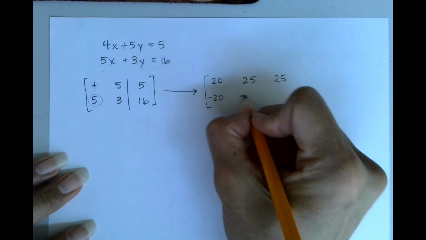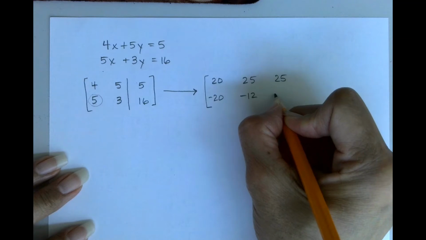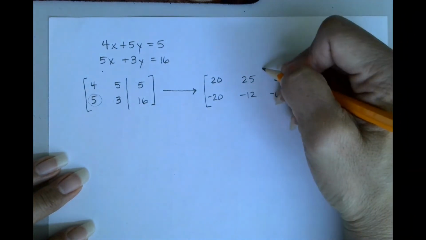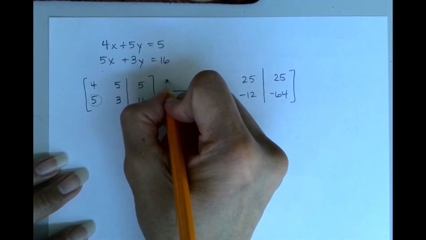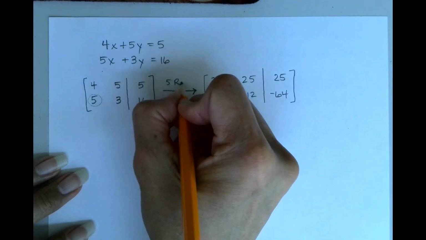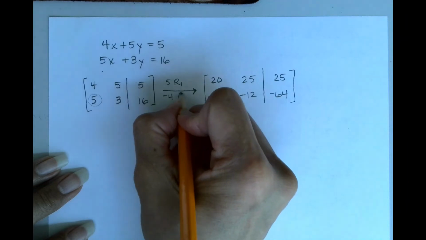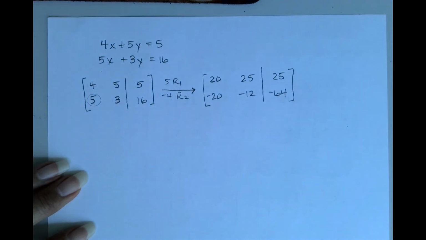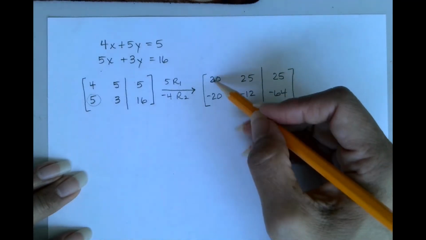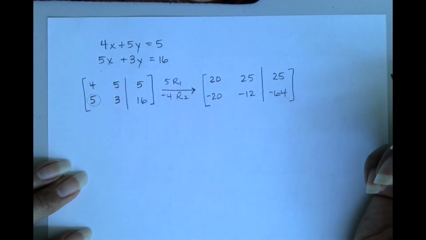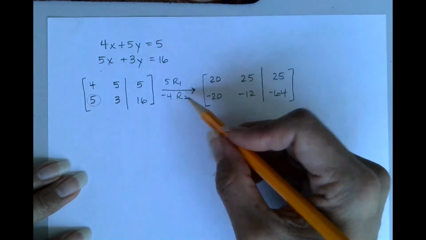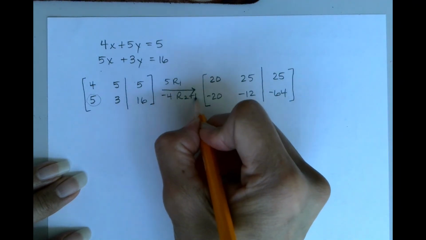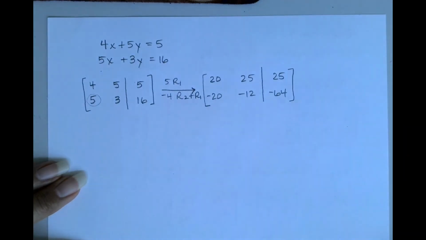Again, there are many different ways that you can do this. So I did 5 times row 1 and -4 times row 2, just in case you're wondering what I did, okay? And the reason I did that is because now I want to add row 2 to row 1 to be able to get a 0, okay?